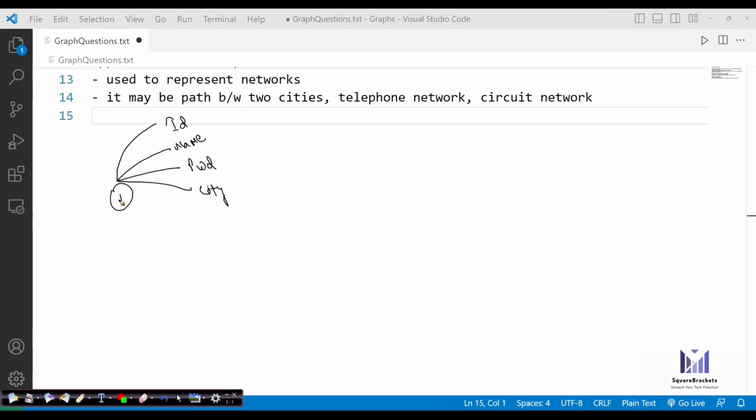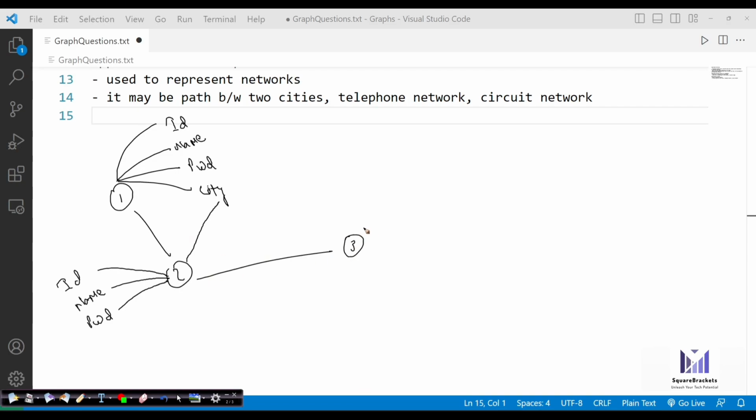Now this user is connected with some other user. That user will also have ID, name, password. But let's say the city is the same for both users. And then there is a third person, who also has ID, name, password, city.